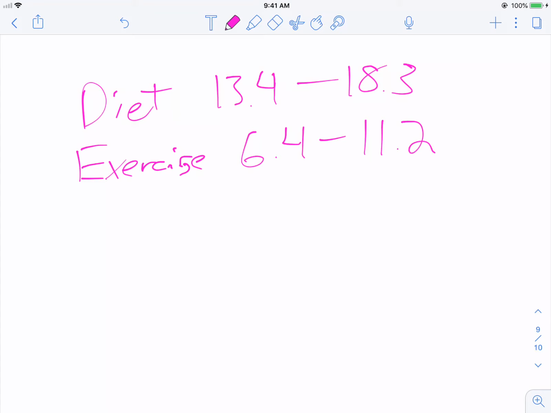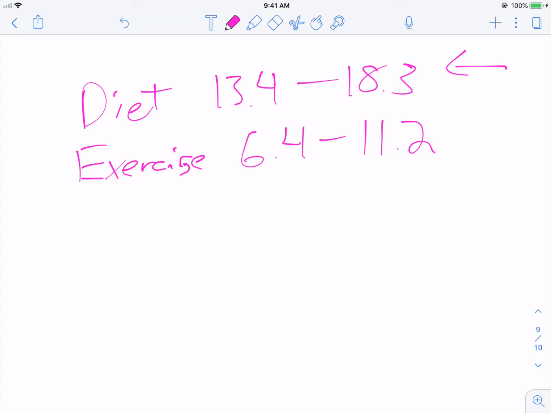If you're 95% sure that the true average weight loss due to diet alone was between 13 some pounds and 18 some pounds, and the exercise alone group, the average weight loss was between about 6.5 pounds and 11 pounds, it appears like the diet group is a more effective method of weight loss based off of our samples.